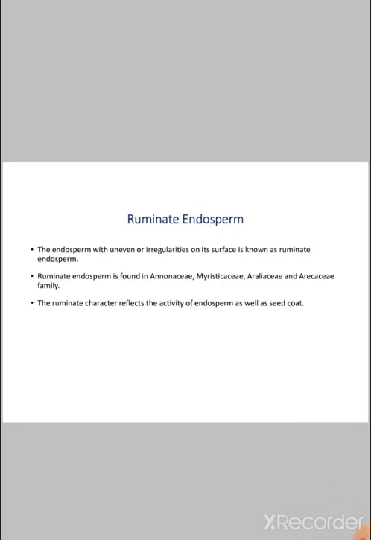Tapetum plays an important role in the formation of exine of the pollen. Pollenkitt is made from lipids and carotenoids. It is also formed by the tapetal layer. It is an insect attractant and protects pollen from ultraviolet rays.